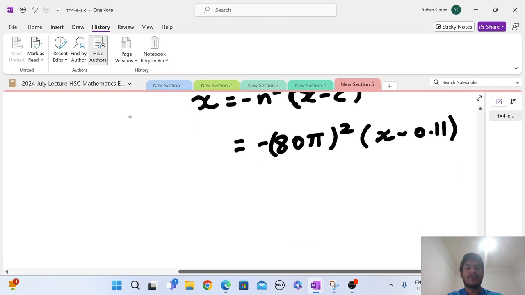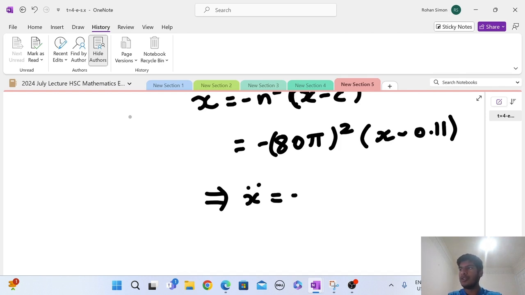And so our acceleration function becomes minus 80 squared, which is 6,400, pi squared times x minus 0.11.